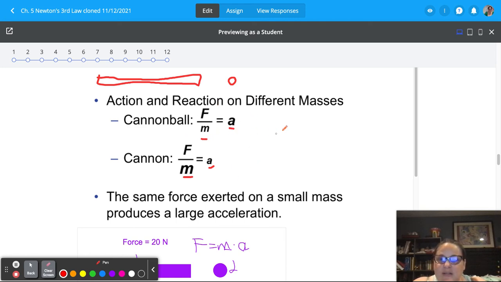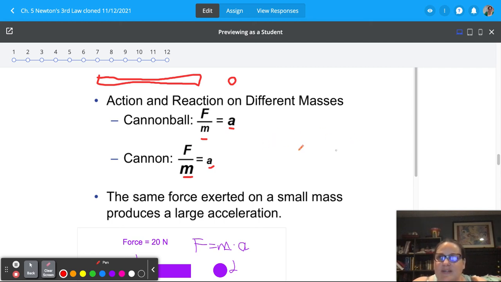You can experience this if you've ever shot any kind of projectile. If you've done bow and arrow, paintball gun, Nerf gun, regular gun, any kind of projectile, there's something called kickback. That kickback is essentially the acceleration of the firing device being forced backward by the projectile. If you have a very heavy weapon and a very light ammo, there's a very small amount of kickback because you have a very large mass and a very small mass.